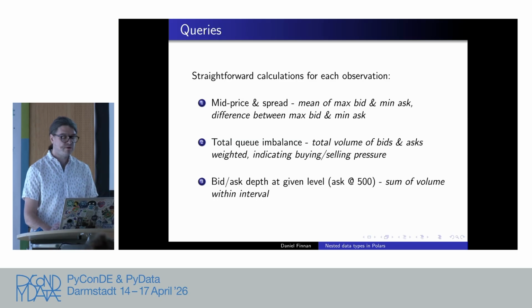And finally, a slightly more sophisticated query, looking at the depth at a given level. I've chosen here the depth at 500 on the ask side of the book. So we first find the minimum ask, then go 500 levels up, and then sum the volume within that interval.